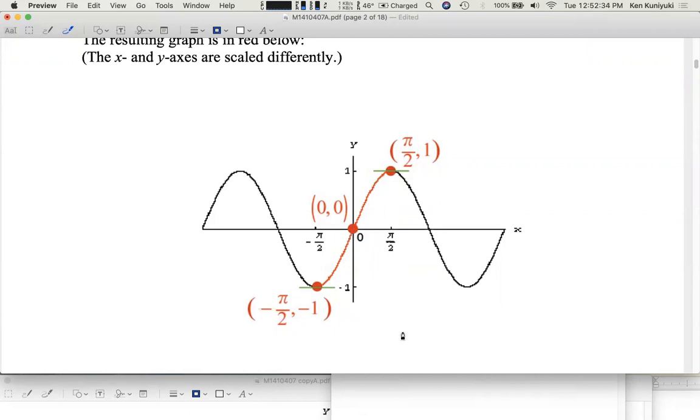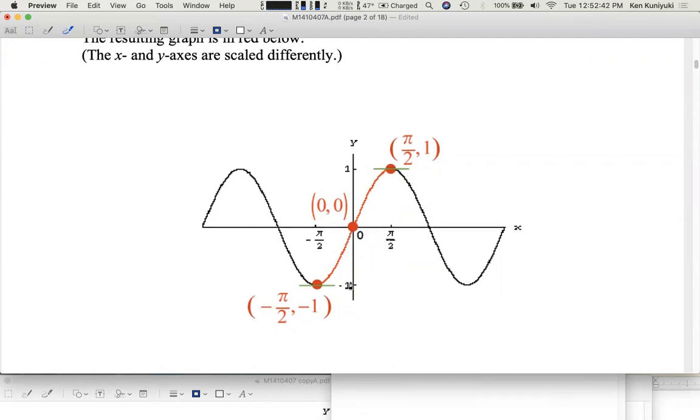So then, how do we go from this restricted sine function to an inverse sine function? We can invert this because it now passes not just the VLT, but the HLT. So remember a key basic principle. Actually, there are 3 basic principles. The domain of one function becomes the what of its inverse function?